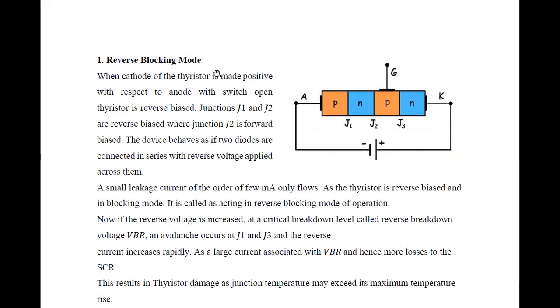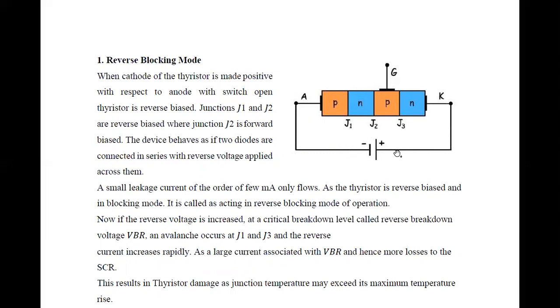First one, reverse blocking mode. So this is SCR, it has 4 layers, P, N, P, N, and this is the gate terminal. If the anode terminal is connected to the negative terminal of the supply with respect to cathode, or when the cathode of the thyristor is made positive with respect to anode, then the SCR is said to be in reverse bias.